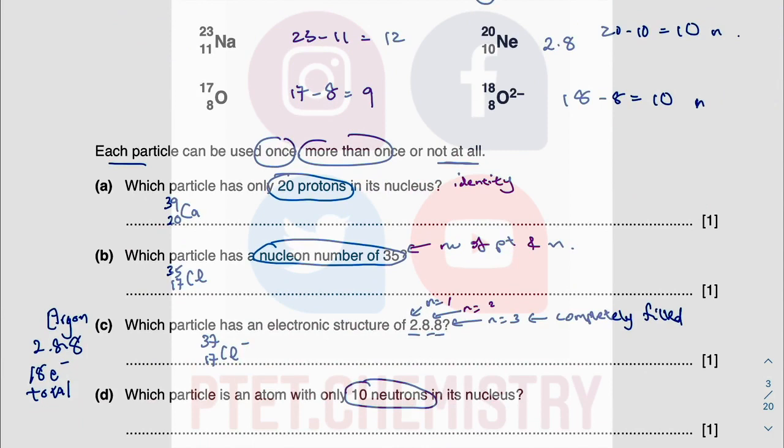However, careful, the question says atom, meaning no net charge. So even though two things have 10 neutrons, this one cannot be the answer because it is an ion, and this is an atom. So the answer must be 20, 10, neon, which is just an atom.